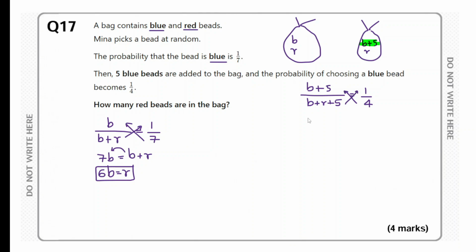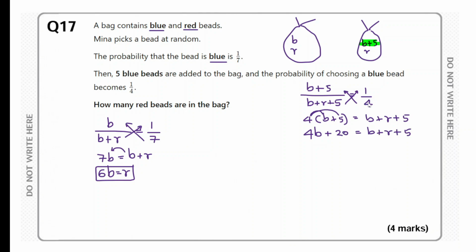I get 4 brackets B plus 5 is equal to 1 times all of that, which just remains the same. So B plus R plus 5. Multiply out the brackets. 4 times B, 4B, 4 times 5, 20 is equal to B plus R plus 5.